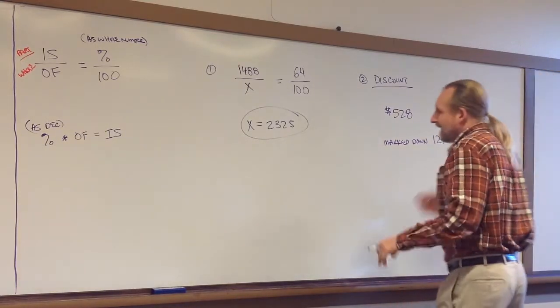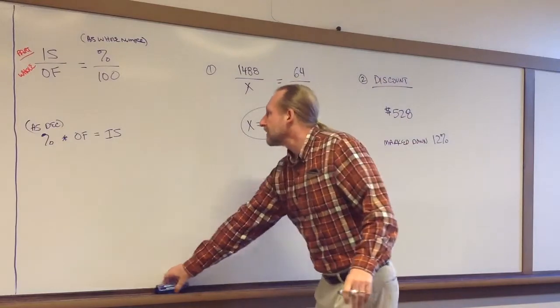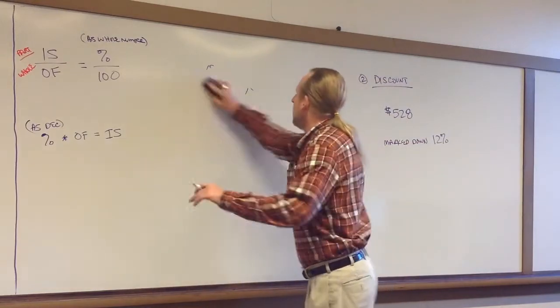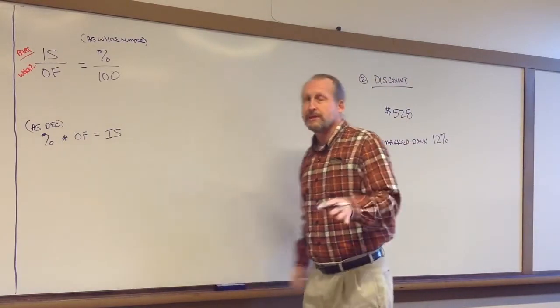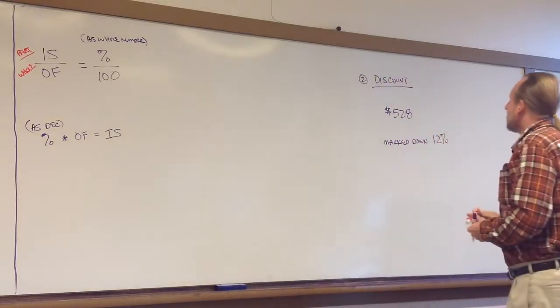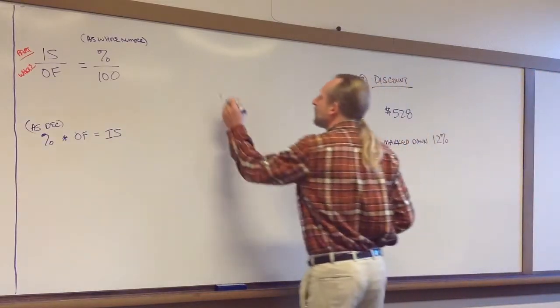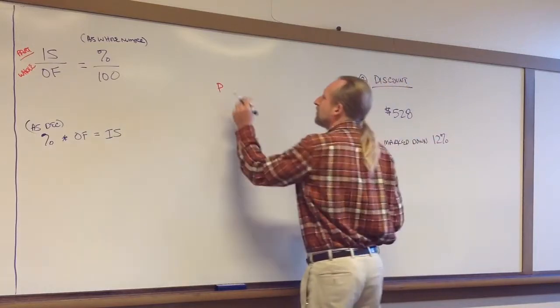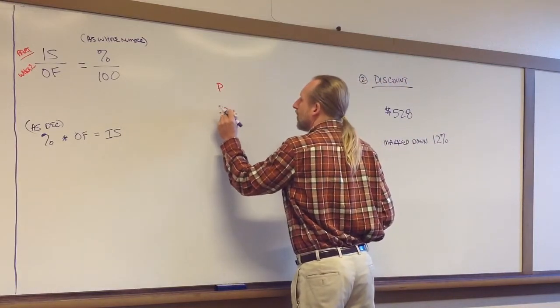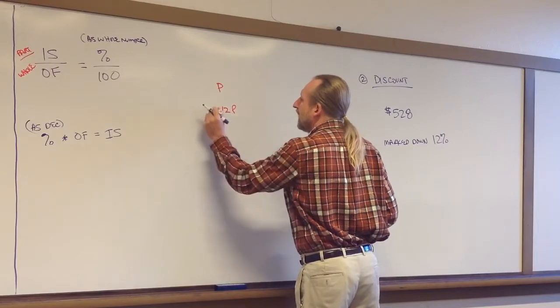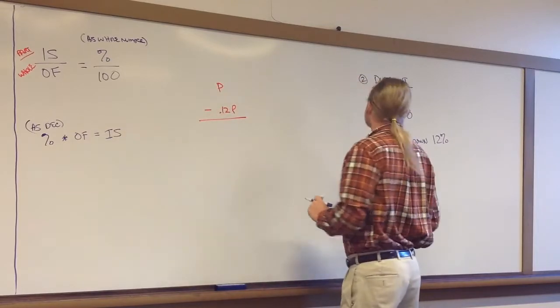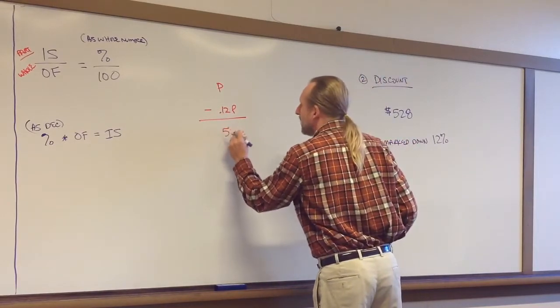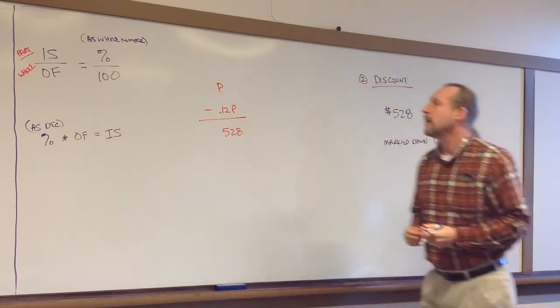So what we're saying about this situation is, and you don't have to solve the problem this way, this is just a way to think about the problem. We had some price P. We found 12% of P, and then we subtracted it and ended up with $528.